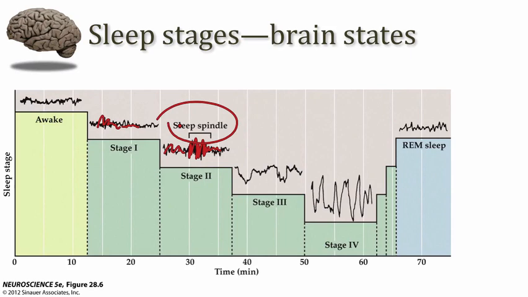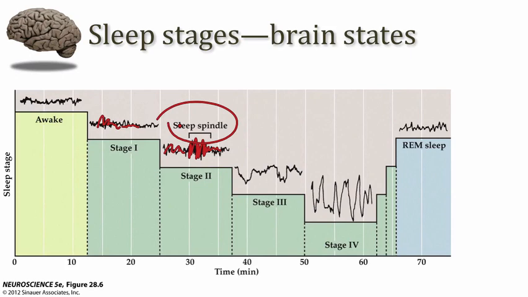It's a high amplitude, high frequency burst that is indicative of a great deal of synchrony imposed upon thalamocortical neurons, but only for these brief epochs of time. And this is something that's happening as we begin to enter our deeper stages of sleep.